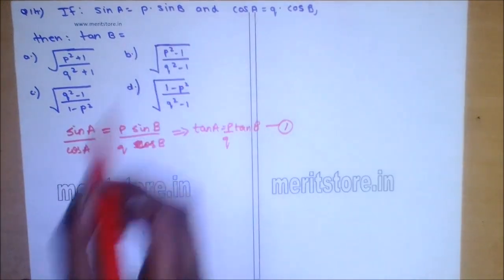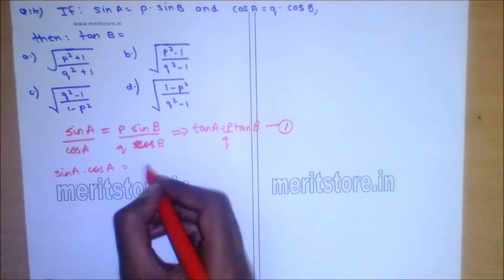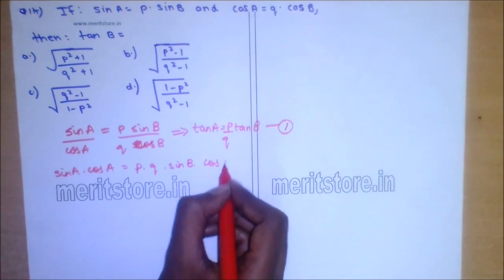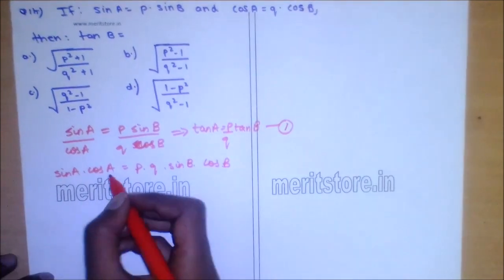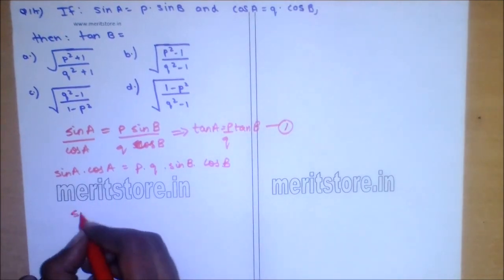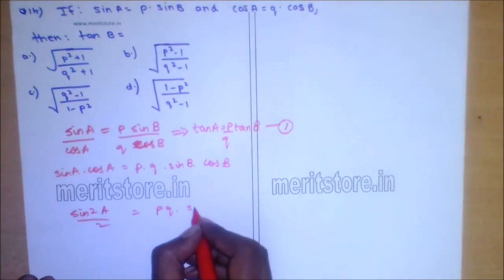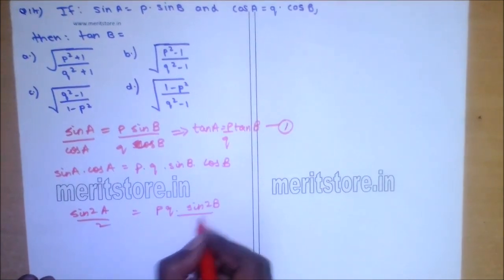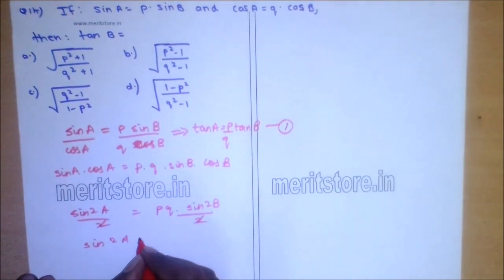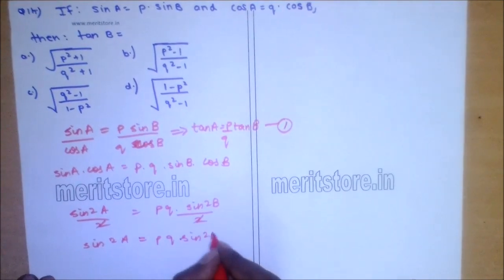Now we multiply these two equations. Sin A into cos A equals P into Q into sin B cos B. Sin A cos A is sin 2A by 2 and sin B cos B is sin 2B by 2. So sin 2A by 2 equals PQ sin 2B by 2. 2 gets cancelled, so we are left with sin 2A equals PQ sin 2B.